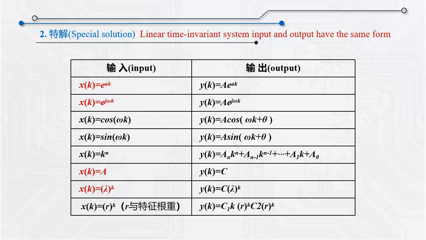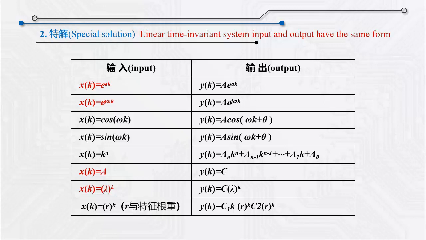What is the form of the second aspect, the particular solution? In general, linear time invariant LTI systems have the same form of input and output. The form of the particular solution depends on the form of the input excitation. Between the most common input excitation and the output particular solution, the form comparison table is as follows.